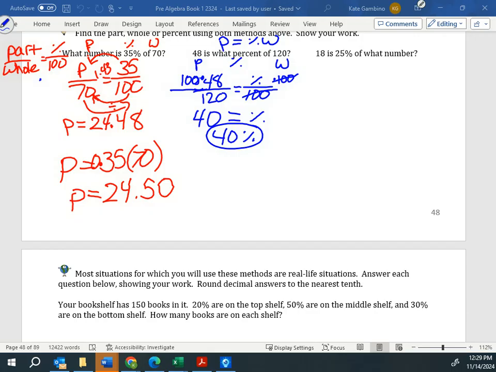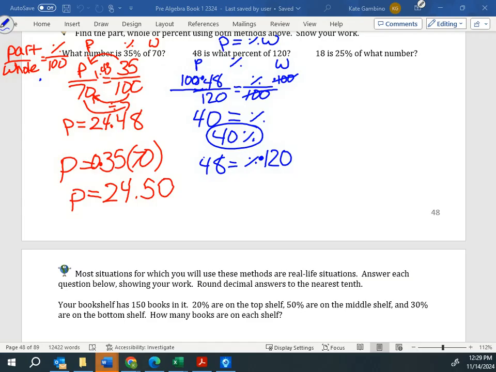Does that make sense? All right, let's look at our equation way. We've labeled our part, our percent, and our whole. How would I solve it with the equation? How do I set up my equation? Natalie? 48 equals percent times 120. Opposite operations, I want to get the percent by itself. If this is multiplying, what do I have to do to get my percent by itself?